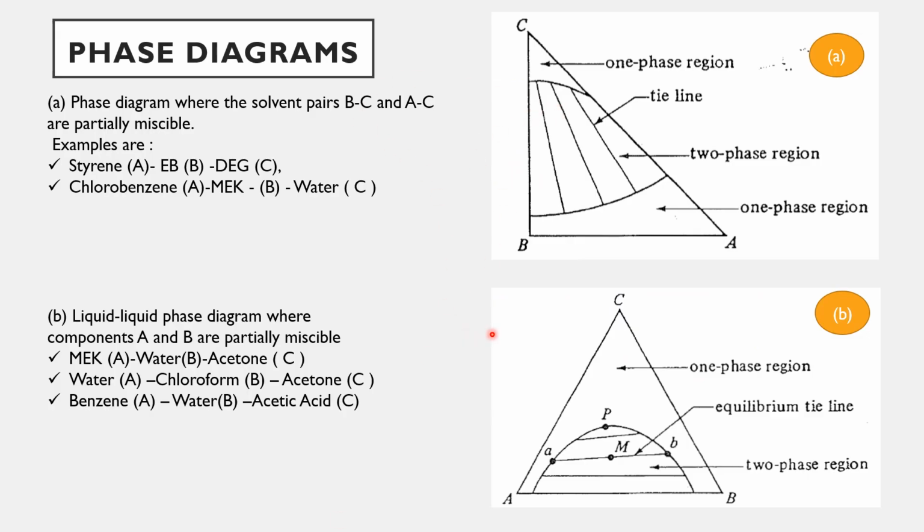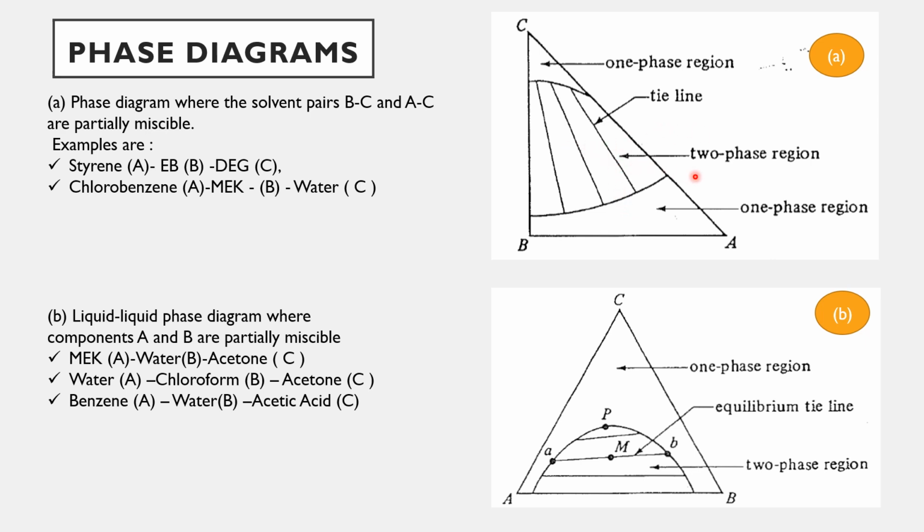These are the two typical representations of phase diagrams. Let's have a look at picture A, where in this system the solvent pairs BC and AC are partially miscible. Inside the diagram there's a pocket which is connected by a tie line.